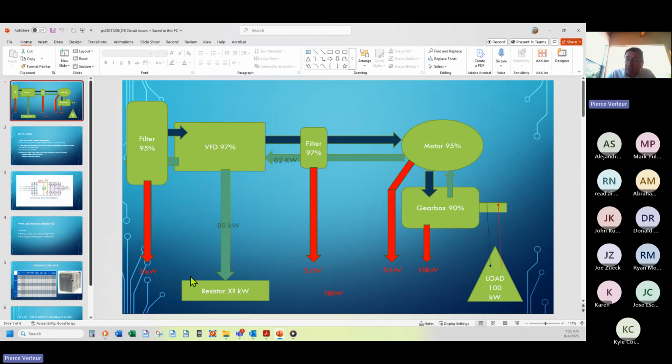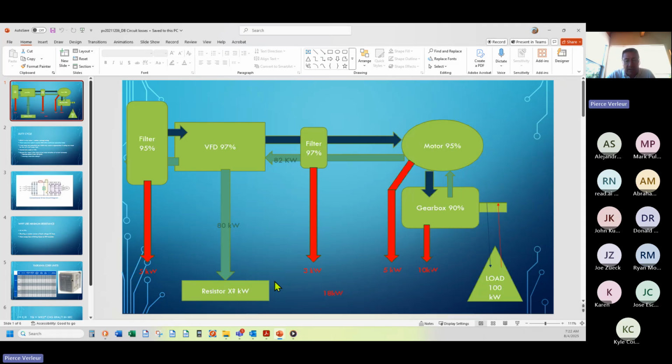So we're going to size this resistor for 8 kilowatts. When you go to the Yaskawa price book and you select a 10% duty resistor, that's basically how they've sized it. That's the most common sizing of dynamic braking resistors, mainly to absorb the energy of deceleration during the application or deceleration at the end of the application.